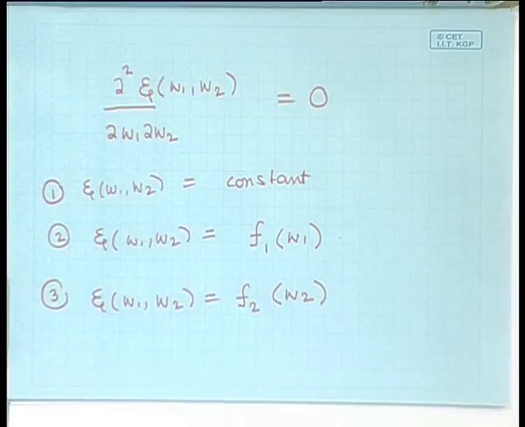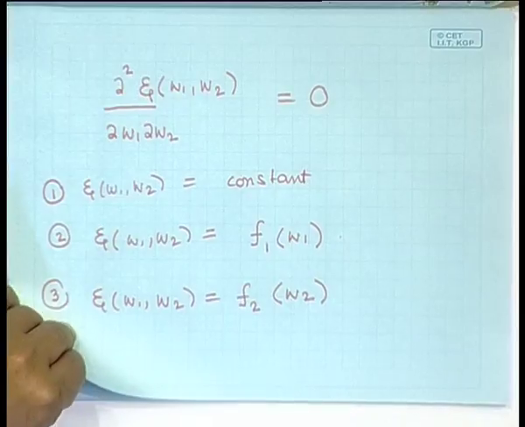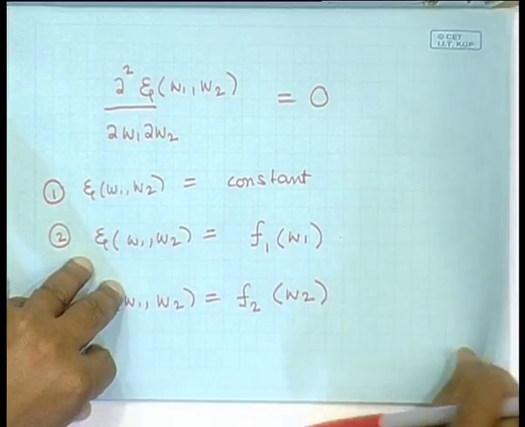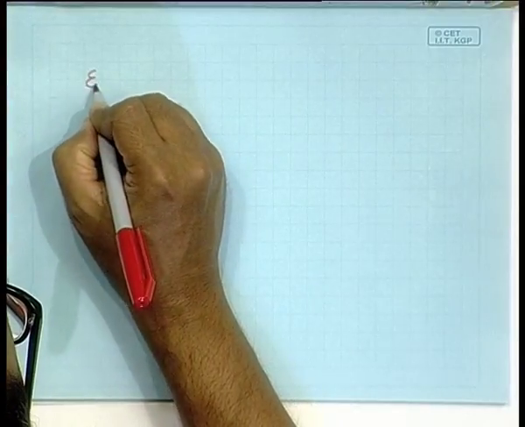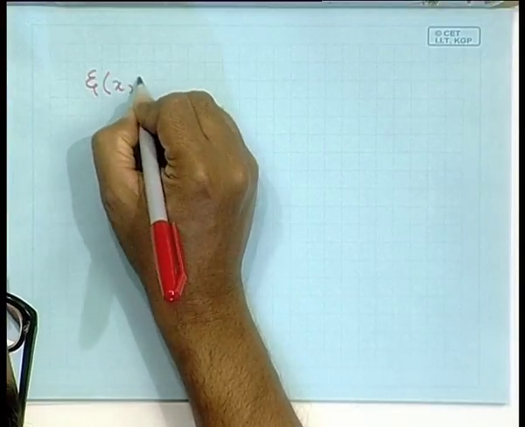So let us go back to the variables which we started out with. What we see is that the solution to the wave equation can be written in the following way.